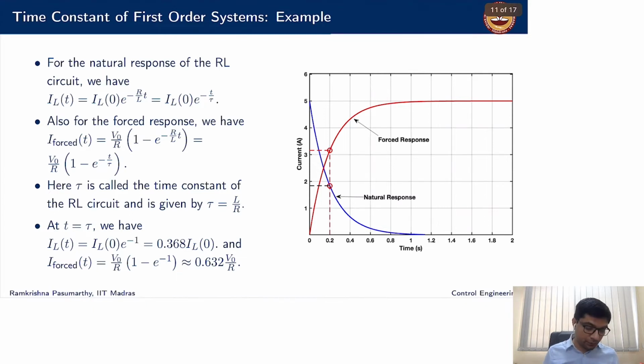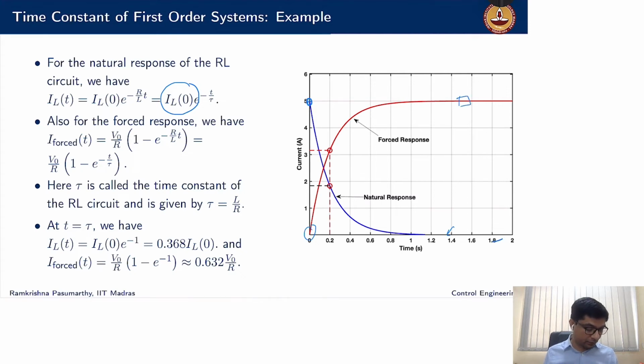Okay, so now I look at the natural response. Natural response, as we said earlier, is a response to a certain initial condition. I start with 5, I leave the system, and it just goes back to 0. Forced response: the system starts from a 0 initial condition and reaches a steady state of 5.